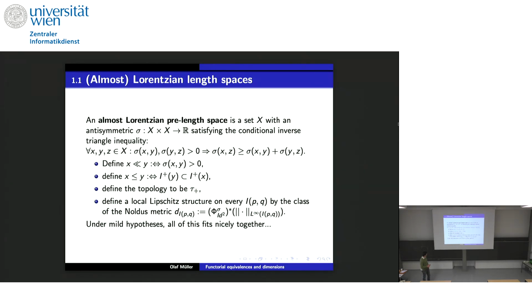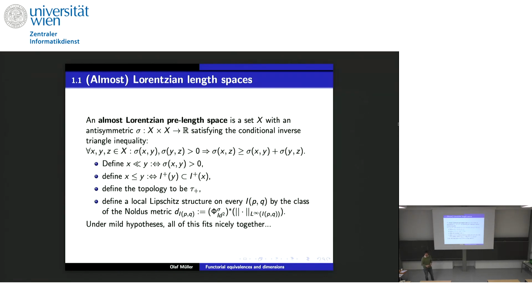Then there is an ingredient in the traditional definition of Lorentzian length spaces, which nowadays one can call traditional, and it works with a metric. We have seen there is no natural metric in many cases. So how to replace the natural metric by something else? I thought it would be a good idea to define it by a local Lipschitz structure, because anyway what you want to do happens in causal diamonds, or compact subsets.